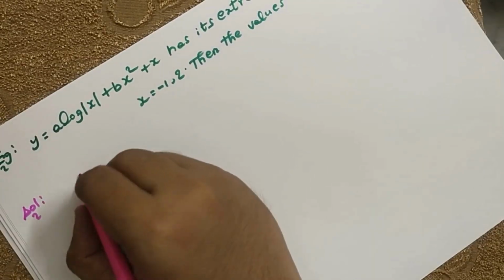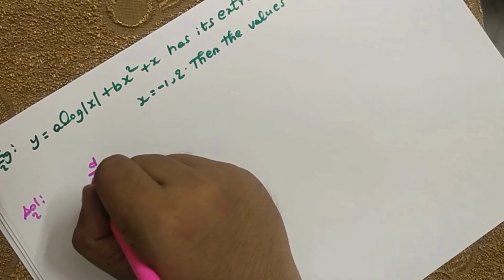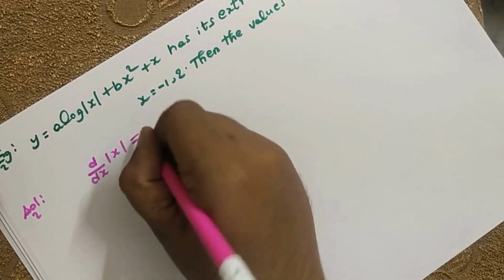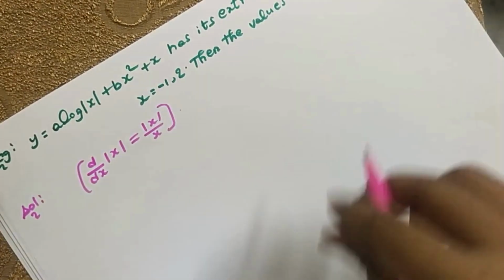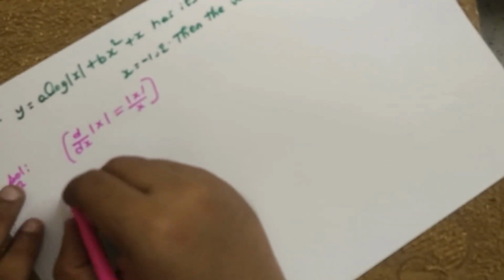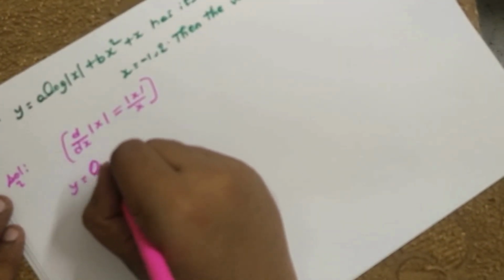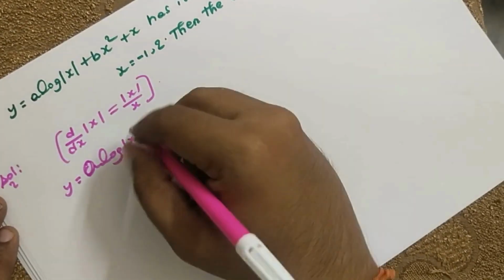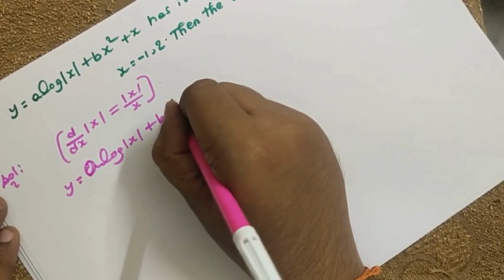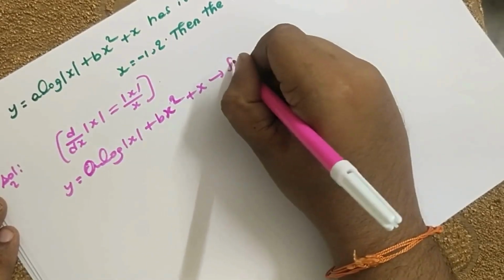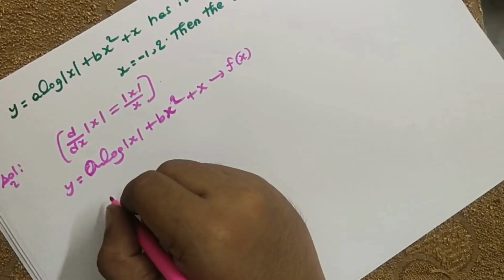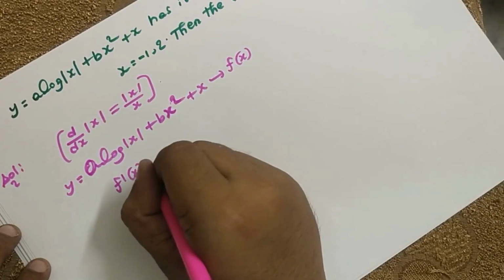Before solving this, we already know that d by dx of mod x is mod x by x. Let's keep this point in mind. Given function y is equal to a log mod x plus b x square plus x. First, let's take this as f of x, and the same process: we find f dash of x and make it equal to 0.